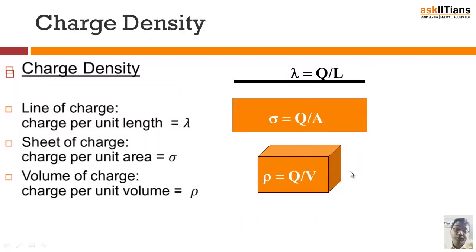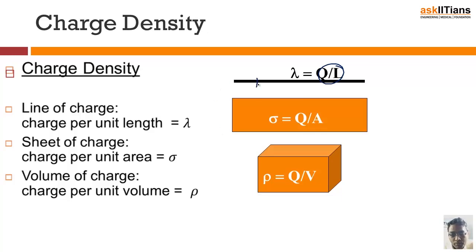Now, how exactly are you going to do it? You are not going to be taking them in the form of total Q. Instead, if you are trying to find the electric field at any point due to these, you are going to take small charge distributions. Let's say it's uniformly distributed.